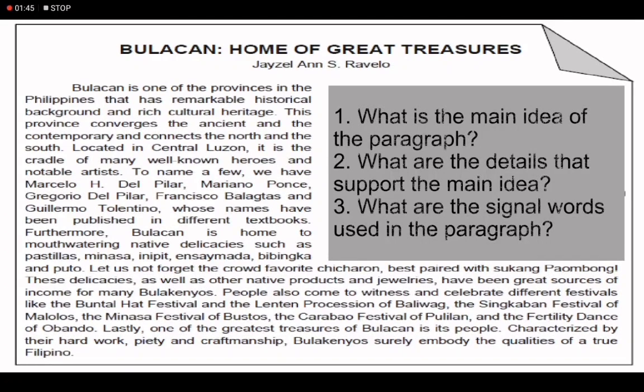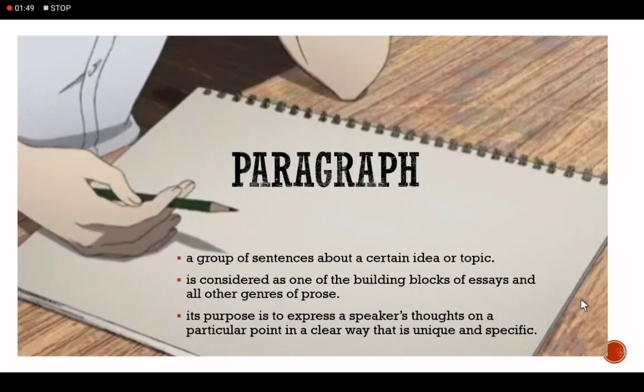Now, why did we ask these questions? Because it leads us to what a paragraph is. Paragraph is a group of sentences about a certain idea or topic. We know that a sentence is a group of words. Paragraph is a group of sentences. But these sentences must be in sync.